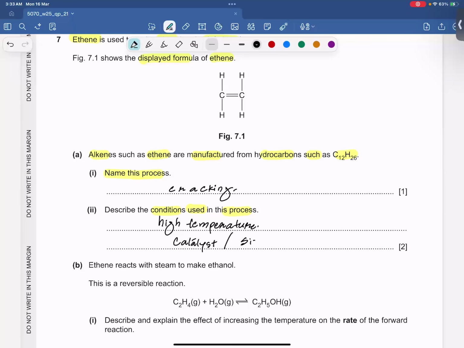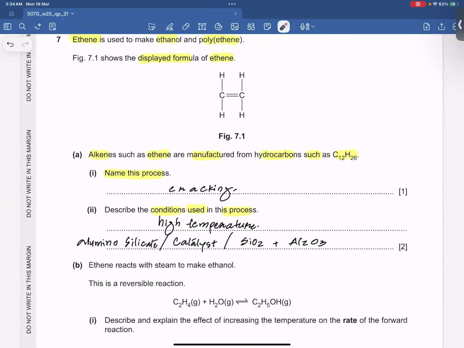If you remember, it is a mixture of silicon dioxide and aluminum oxide. Its name is aluminosilicate. Either you need to write aluminosilicate, or just write catalyst, or just write the composition of the catalyst, which is SiO2 and aluminum oxide.